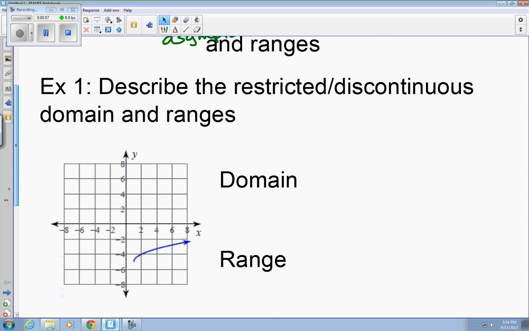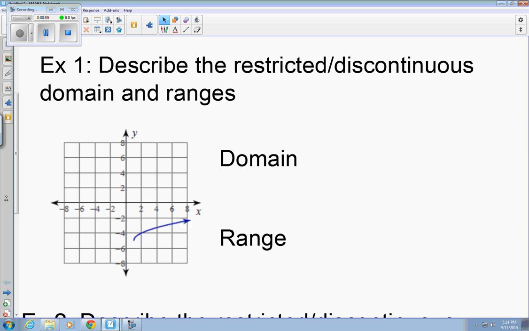Looking at example 1, we have a radical function, a square root function, that starts at a point. That point is approximately (1, -5). It's always good to know a starting point for a domain and range.